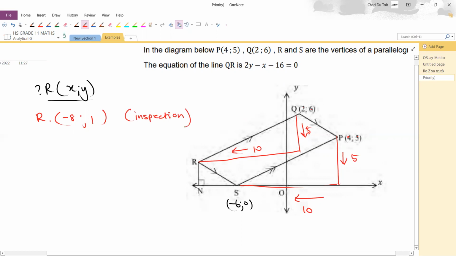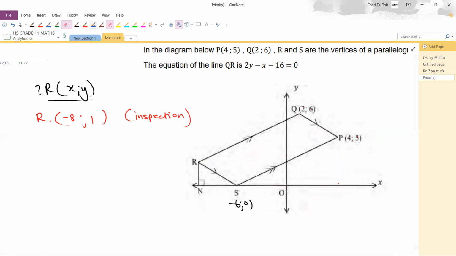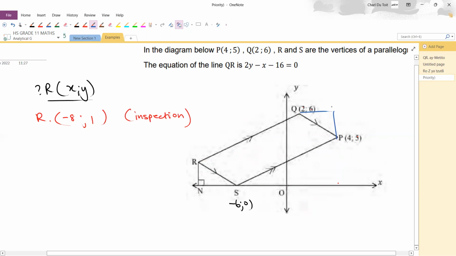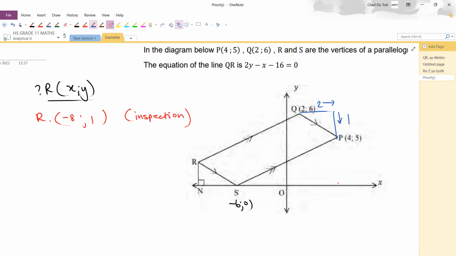So I just did inspection. That's one method. Can you see what I've done? You can also have done it slightly different. You can just move with the other sides. From Q to P, I'm moving 2 to the right and 1 down. Or, let me just do it the other way around.